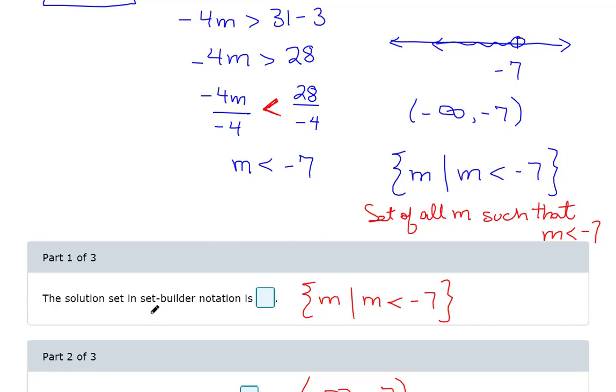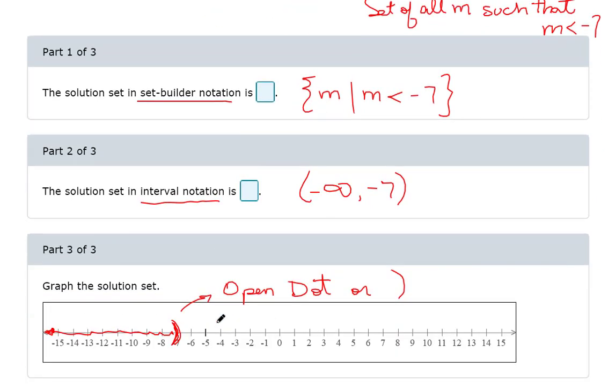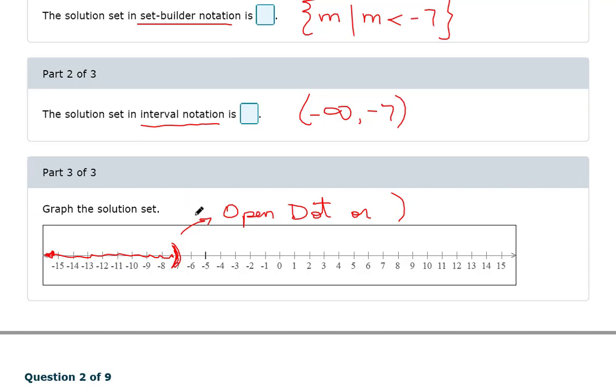So that's why they ask you here for this thing called set builder notation. There was our interval notation. And graphically, when you graph it in Connect Math, it's going to be an open dot, but I believe when you graph it, it's going to look like a parenthesis there at minus 7.